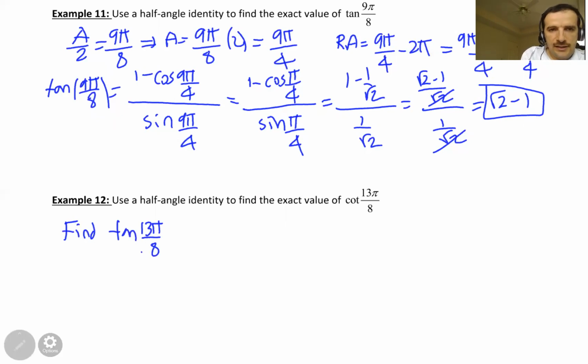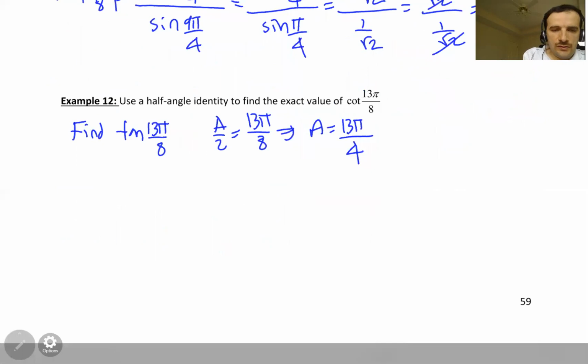And again, this is A over 2. A over 2 is 13 pi over 8. That's why A is equal to 13 pi over 4.